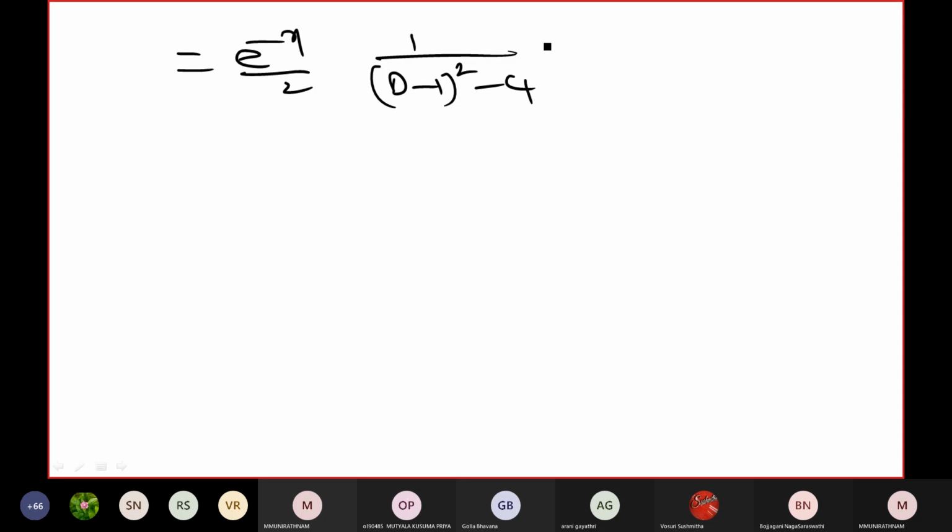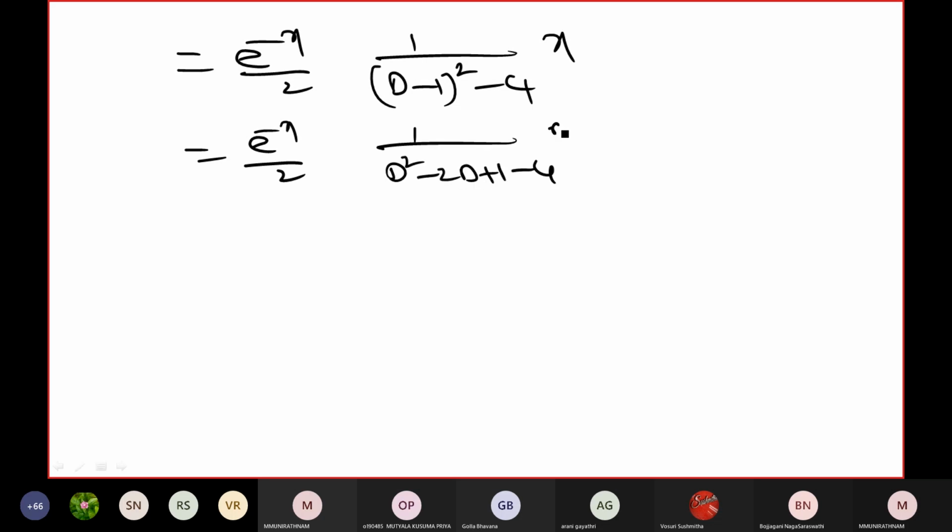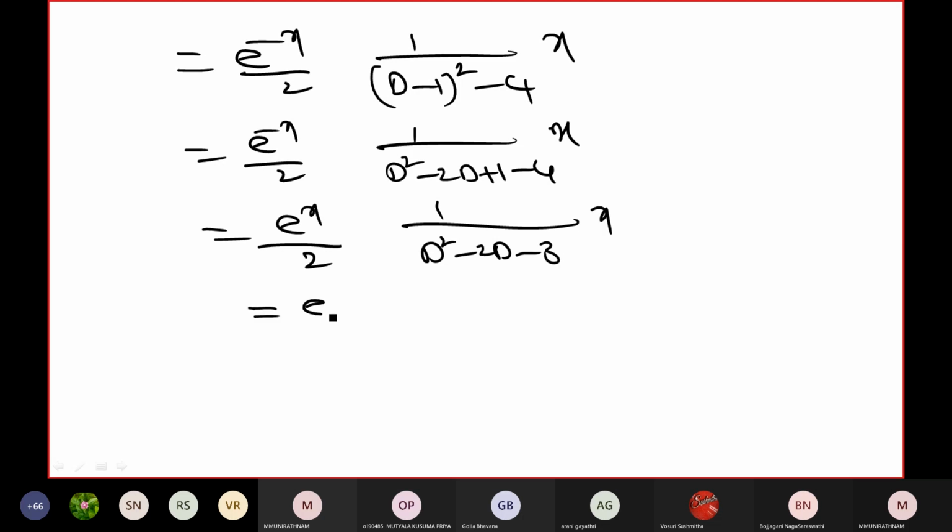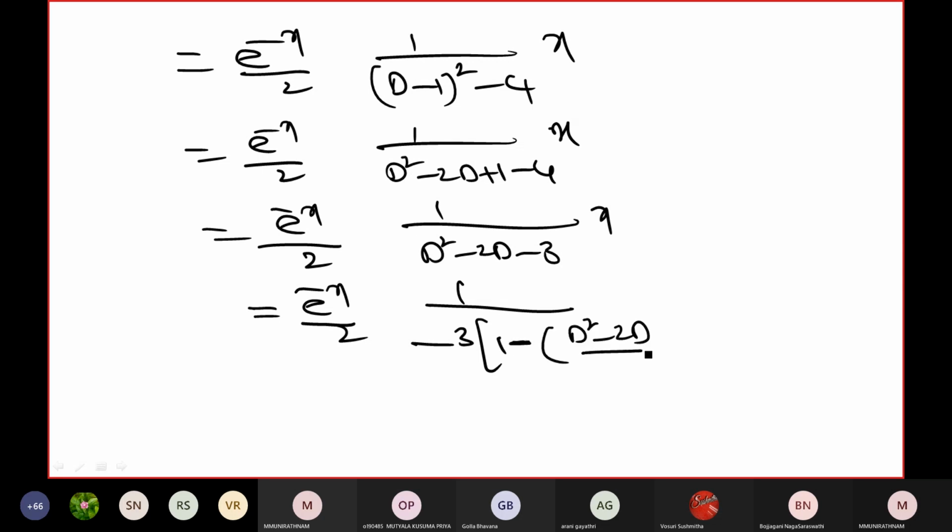Moving e power minus x by 2 to the front, we replace d by d minus 1, giving d square minus 2d plus 1 minus 4, which is d square minus 2d by 3.